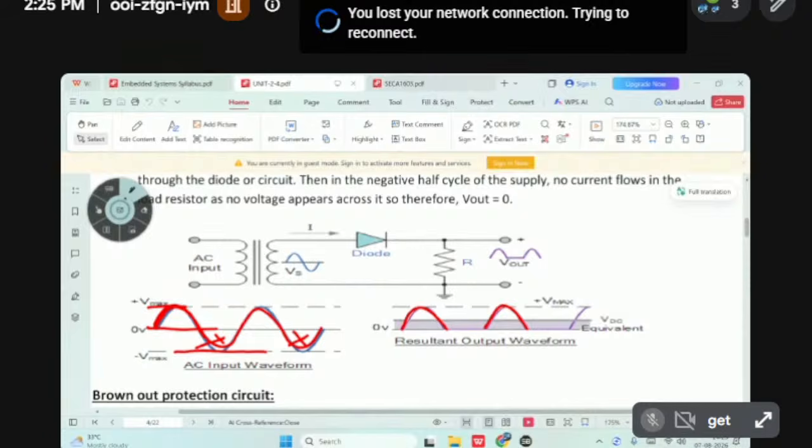Whenever we have the forward bias, automatically we focus on the positive signals. Whenever it has the reverse bias, we focus on the negative signals.